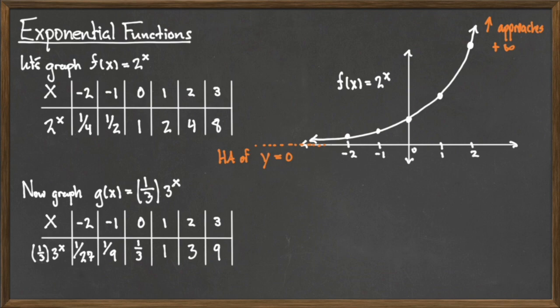When I plug negative 2 into 3 to the x, I end up with 1 divided by 9. But I have that constant multiplier of 1 over 3 out front, so that gives me 1 divided by 27. So the negative exponents are giving me all these fractions. Again, if you need a refresher on how the exponential properties work here, go back and look at the section 1.2 video. But now that I've got these x and y values, let's go ahead and plot them and sketch the curve.